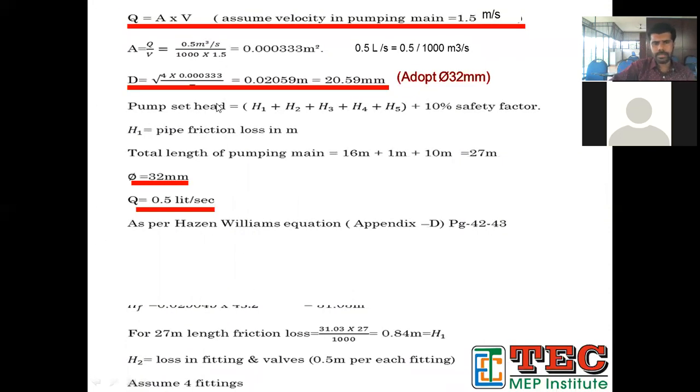Pump set head, we have to calculate. The formula you already know: mass flow into 9.8 into total head divided by efficiency. In order to find the total head, we have to add different heads: H1 plus H2 plus H3 plus H4 plus H5 plus 10 plus the safety factor.